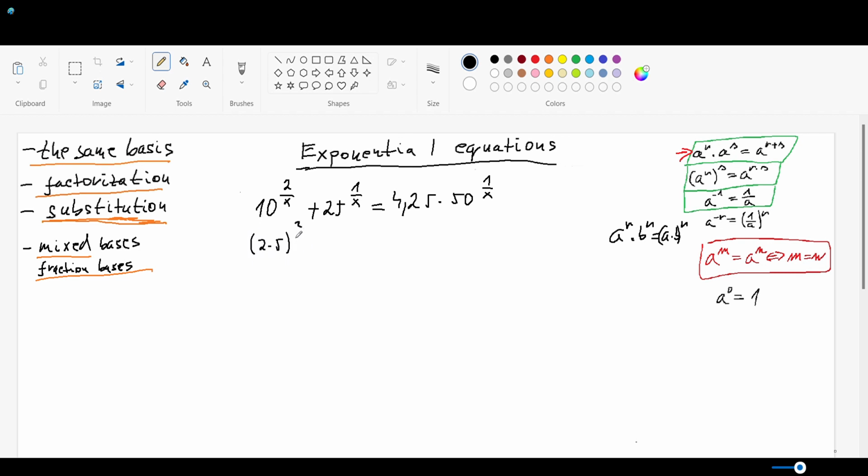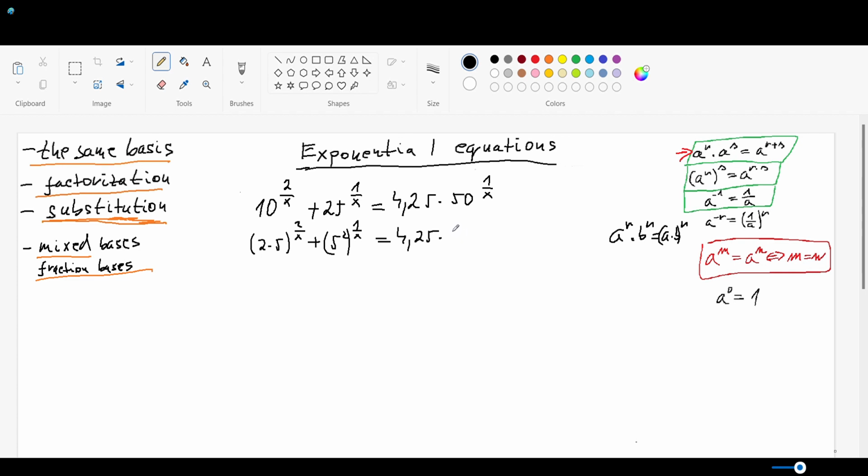So the number 10 is 2 times 5, to the power of 2 over x, plus 25 is 5 squared to the power of 1 over x, is equal. We don't touch the decimal number right now. You will see that there is no reason for this. Quite often there is no reason for this in this kind of equation.